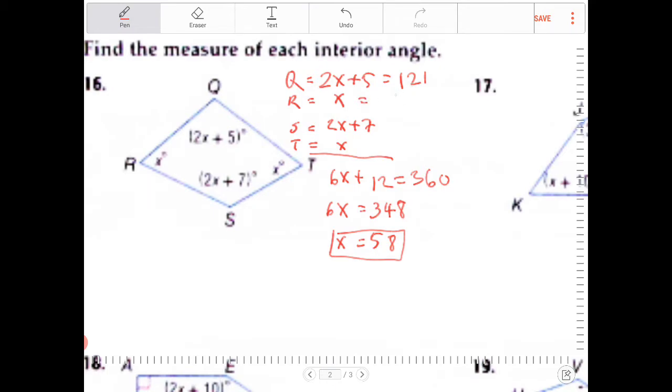Next is 58. Next is 116 plus 7, so that would be 123. Next is 58.